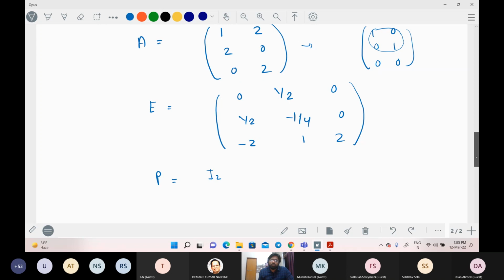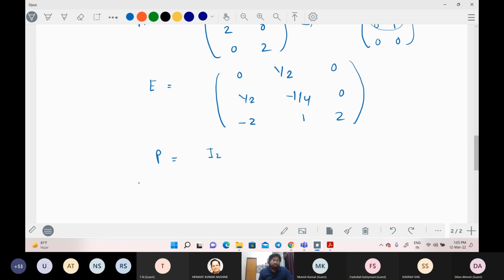So you have E and you have P, and then your X will come out as I mentioned previously. P is identity, so no need to write it. This is your normal form [[1,0,0],[0,1,0]], and this is your elementary matrix [[0, 1/2, 0],[1/2, -1/4, 0],[-2, 1, 2]].